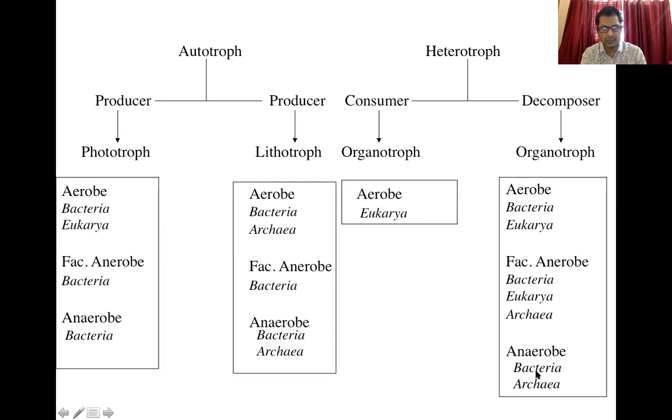Then the anaerobic decomposers, which are bacteria and archaea. So this is all we have read till now, except the energy part: energy generation, division on the basis of carbon used for energy, or the electron donor, or on the basis of electron acceptors.